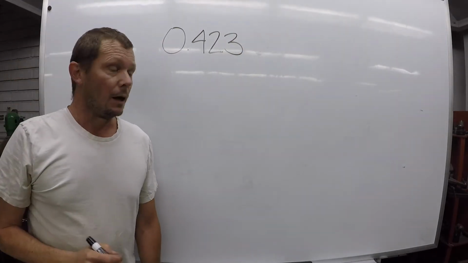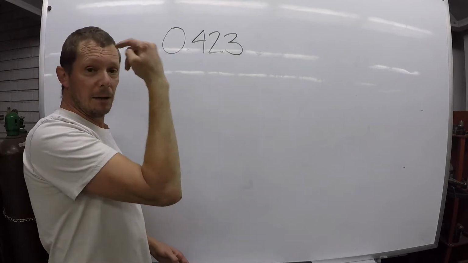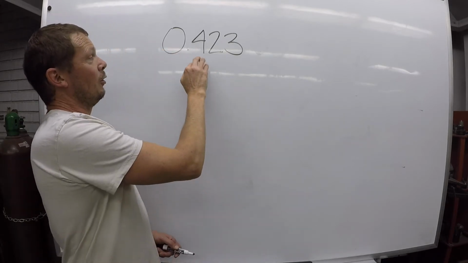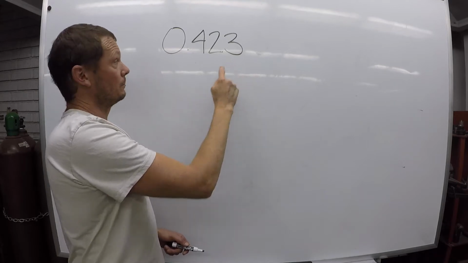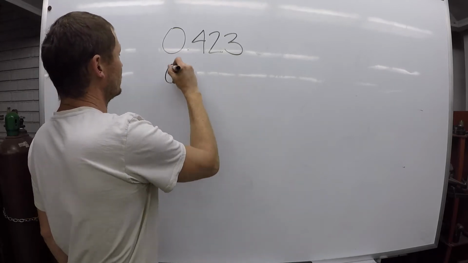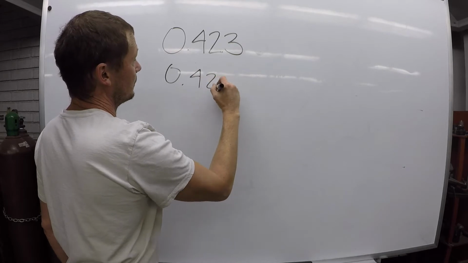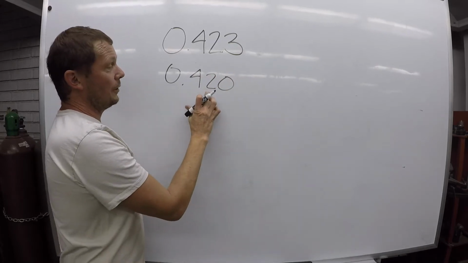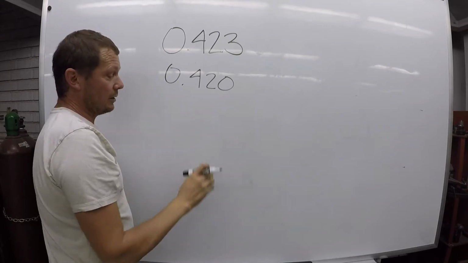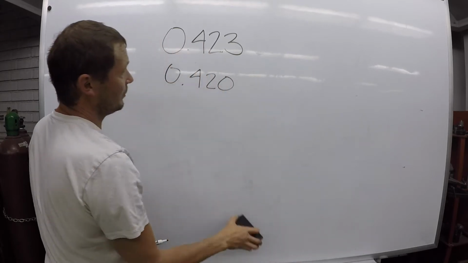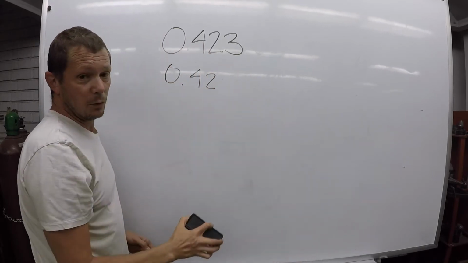Verbally, or when I read it in my mind, I'm going to say 423 thousandths. I can do this. 420 thousandths. I know. In math class, you were taught that the zero doesn't mean anything anymore.